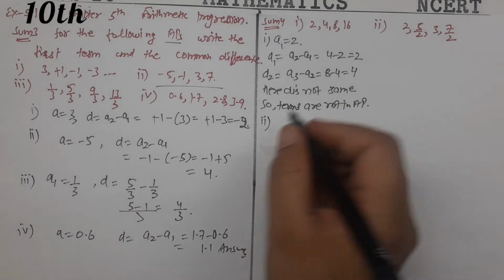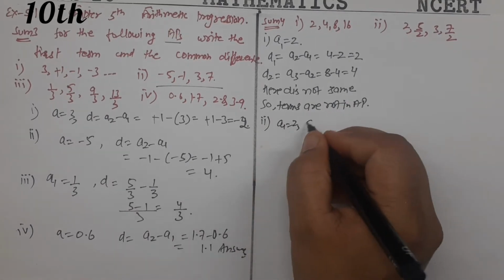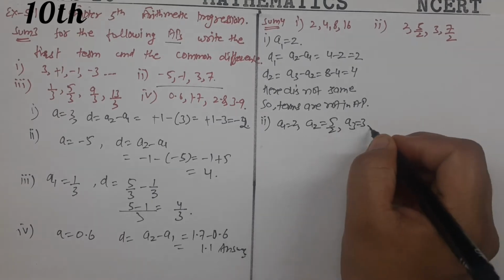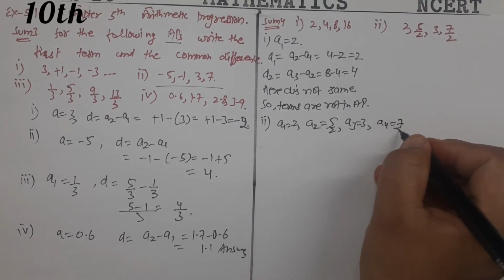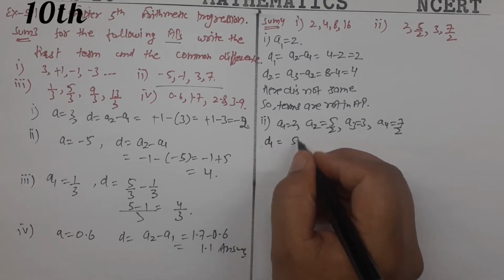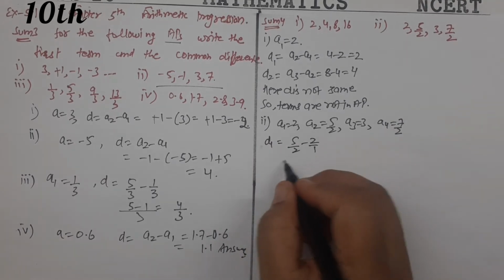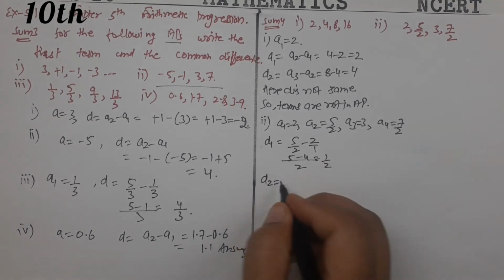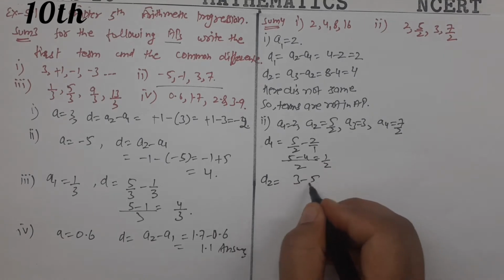Second part: a1 is 2, a2 is 5 by 2, a3 is 3, a4 is 7 by 2. We will find d1 = a2 minus a1. Take LCM, we have 1 by 2. d2 = a3 minus a2.